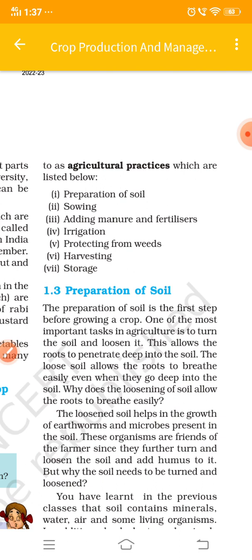The next one is, after sowing, taking proper care of them. It means adding manure, fertilizers, abundant water, suitable temperature, suitable climate, suitable season, etc. Irrigation, providing water, caring about plants and all.